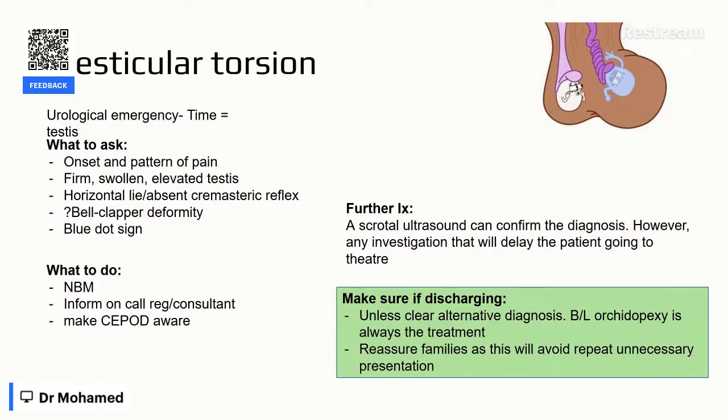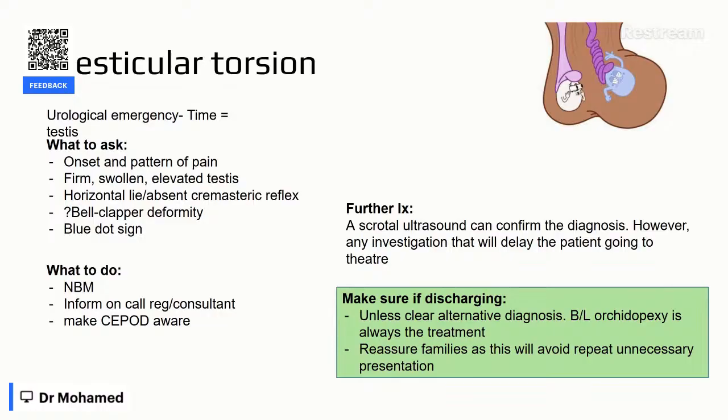When you're discharging, it's about having the right discussions with the family, about what the actual pathology was, because often patients present emergently and are rushed to theatre, and there may not be as much time for the right kind of communication.